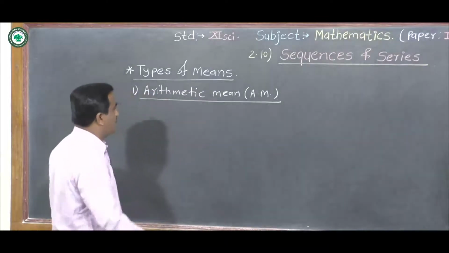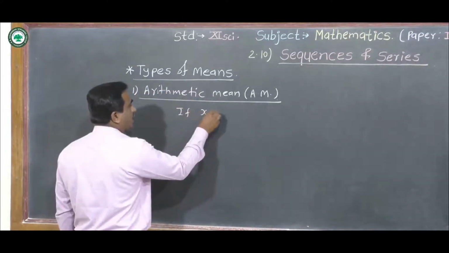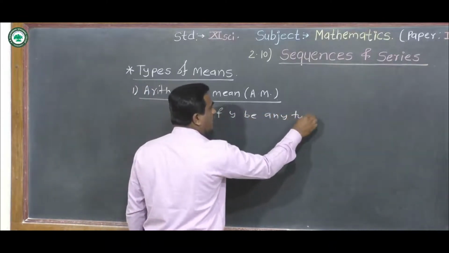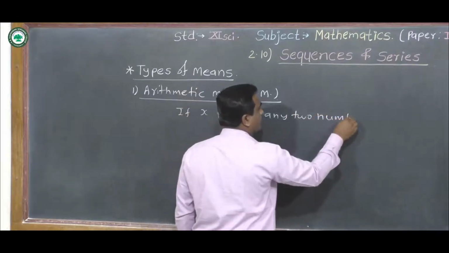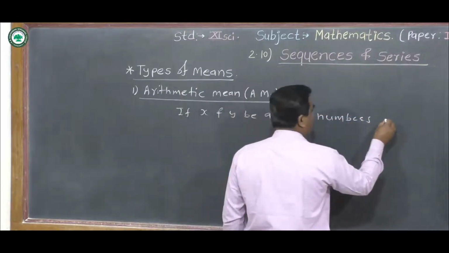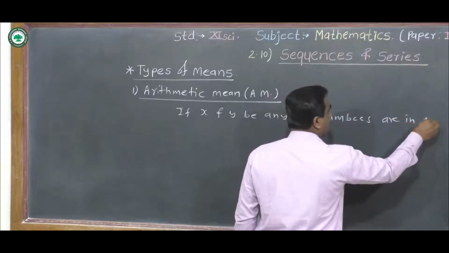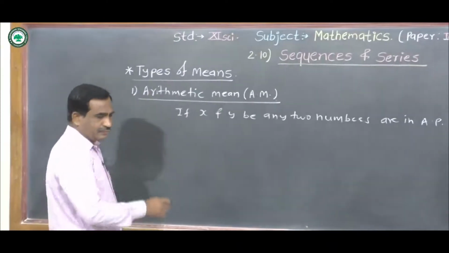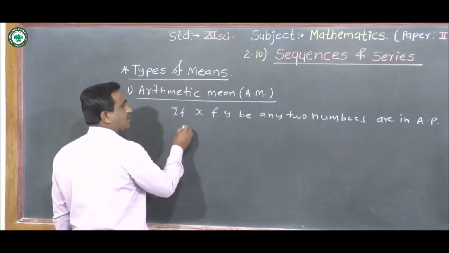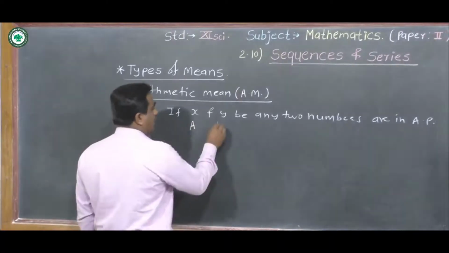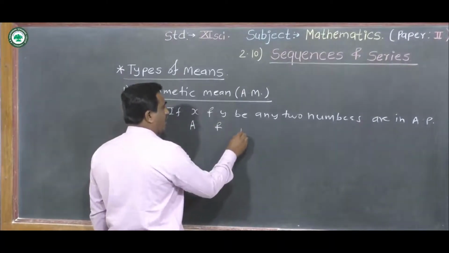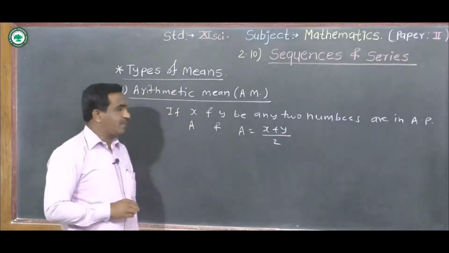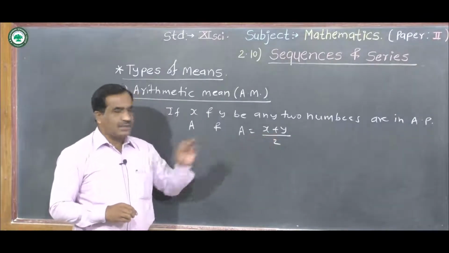If x and y be any two numbers in AP, then the arithmetic mean is denoted by A and defined by A is equal to x plus y upon 2. Arithmetic mean is A is equal to x plus y upon 2.